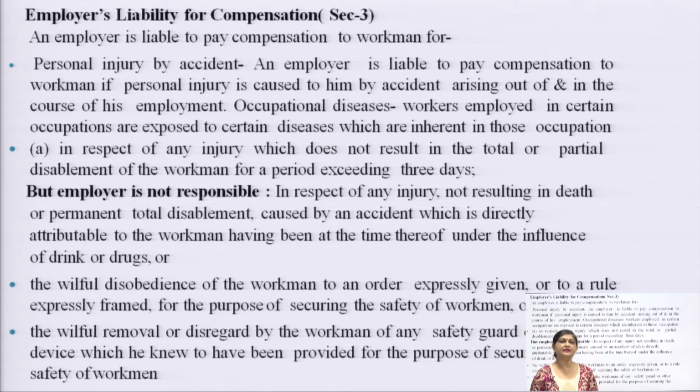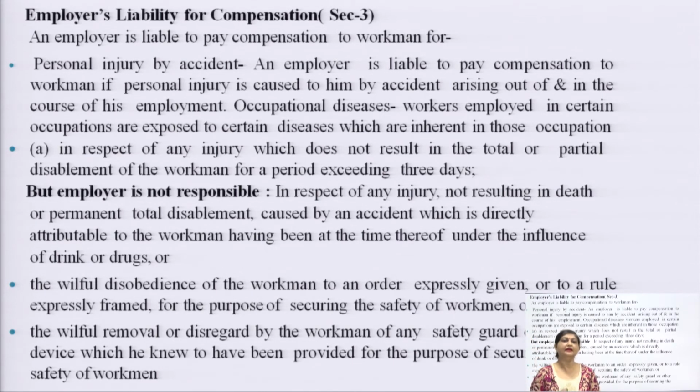So, in what cases is the employer not responsible? This section says: in respect of any injury not resulting in death or permanent total disablement caused by an accident which is directly attributable to the workman having been at the time thereof under the influence of drink or drugs. This is again an important issue in the Workmen Compensation Act.